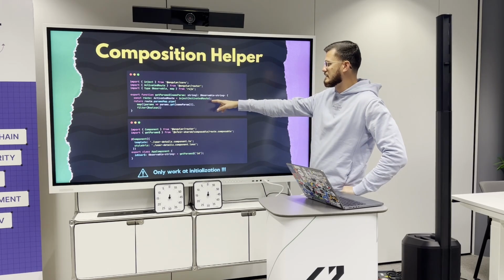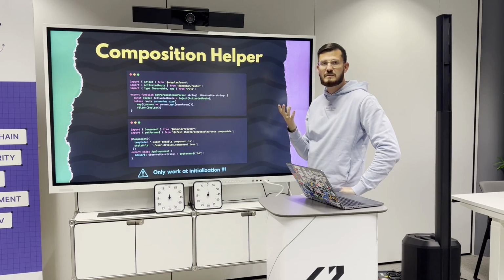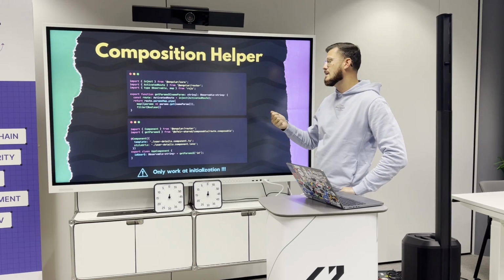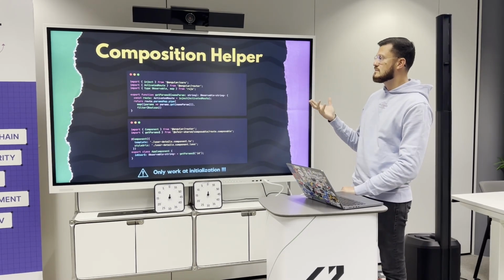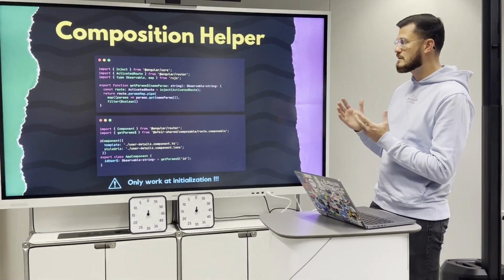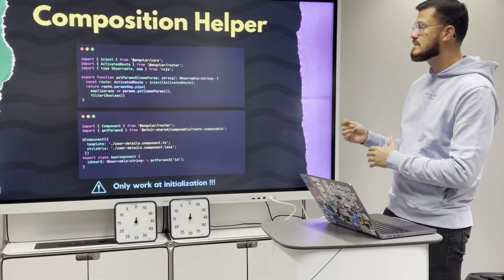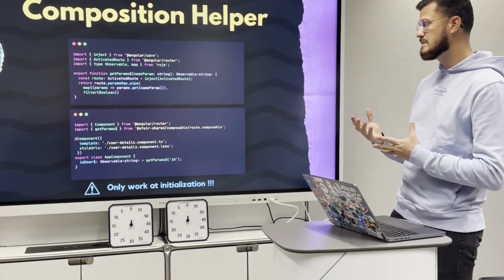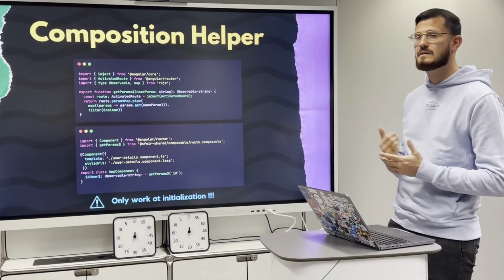Imagine you have to retrieve the parameters in Angular. It's always the same thing. First you have to inject the ActivatedRoute. Thanks to the paramMap property, which returns an observable, you can retrieve all the parameters and do what you want with RxJS operators.